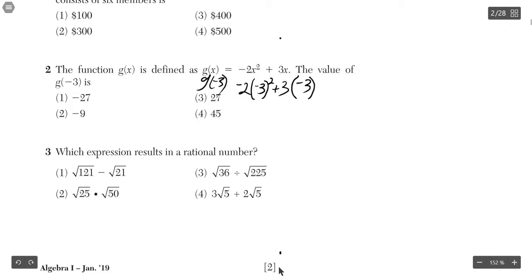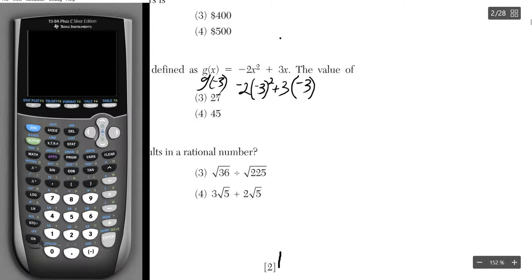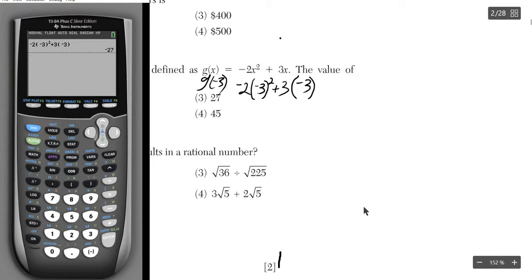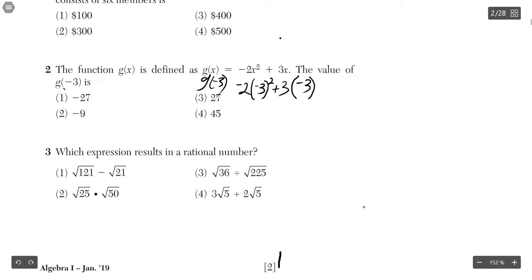And we can do that on the calculator. -2 times -3 squared plus 3, and we get -27. Okay, so the answer is 1.